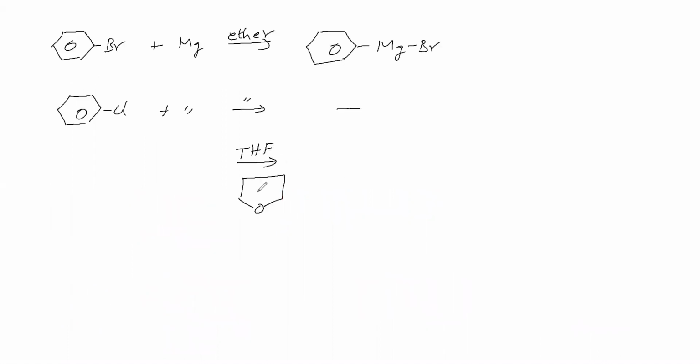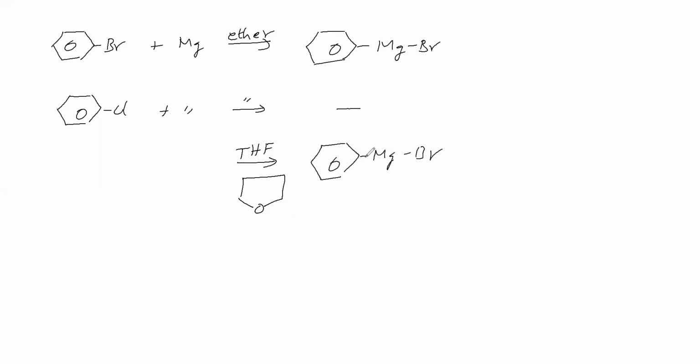In order to remove 2 pi bonds, 4 hydrogen atoms we have to attach here. 4 hydrogen atoms means tetrahydro. So tetrahydrofuran as a solvent is also an ether only. Ether generally means open ether, acyclic. This one is cyclic. If you take tetrahydrofuran, then we will get Grignard reagent, phenyl magnesium bromide.